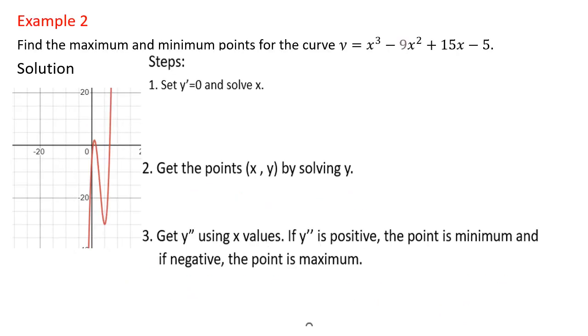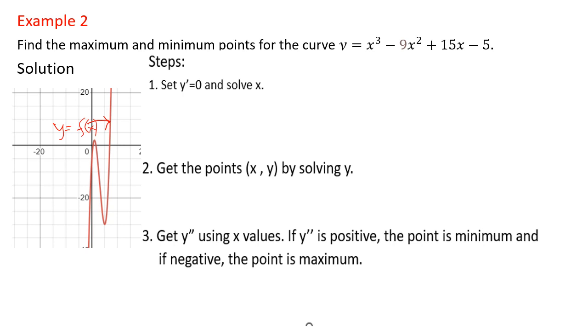We'll take up number 2. Find the maximum and minimum points for the curve y equals x cubed minus 9x squared plus 15x minus 5. So this one is your curve, y equals f of x. Set y prime equals 0.